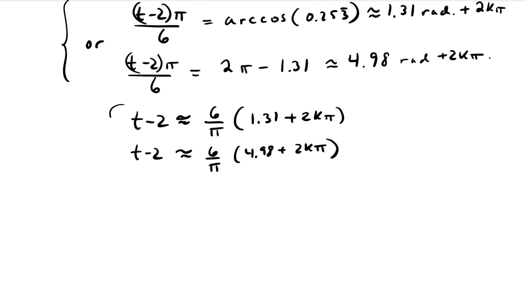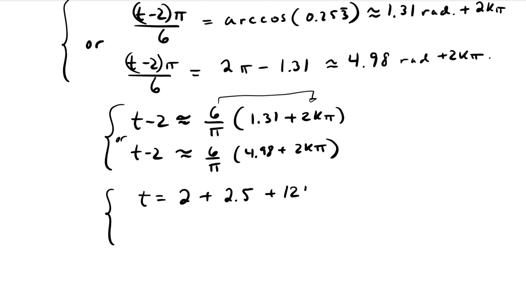And then finally, solving for t, t will be 2 plus 6 over pi times 1.31. So I've calculated it. This is 2.5 roughly. And if I multiply 6 over pi by 2k pi, I get plus 12k.